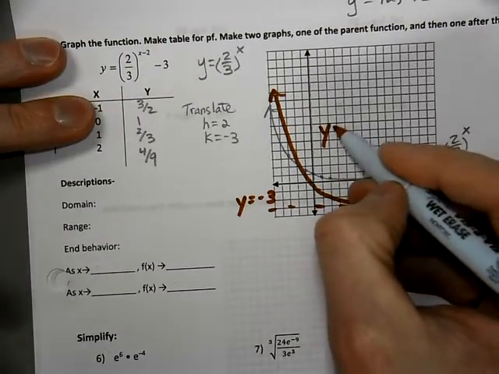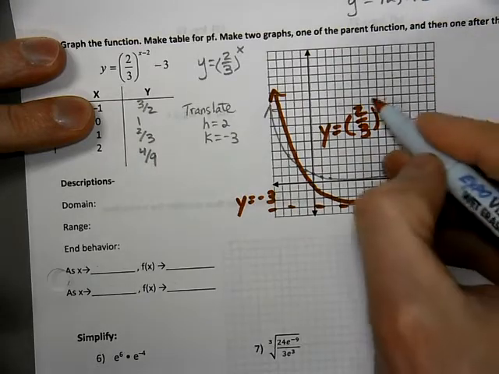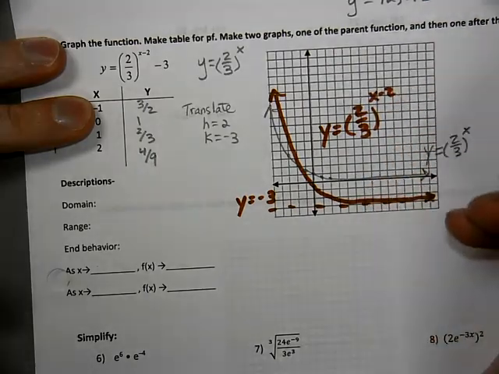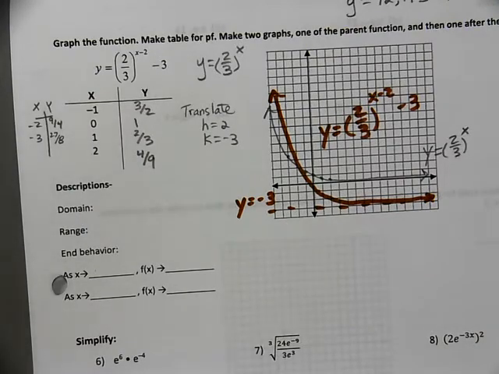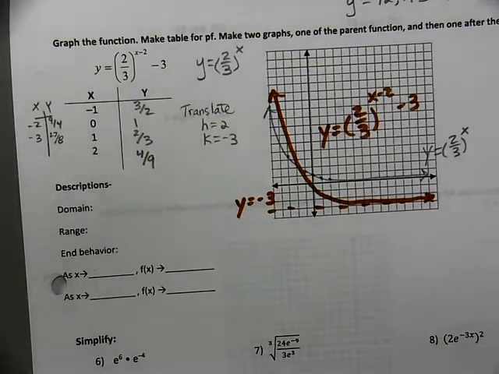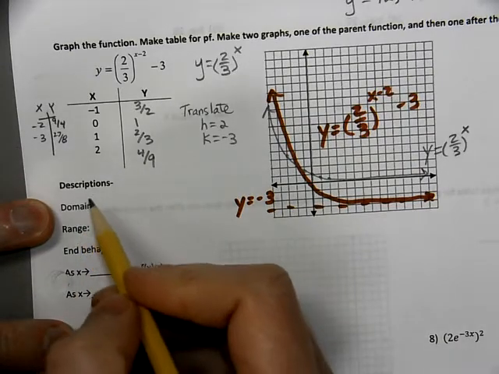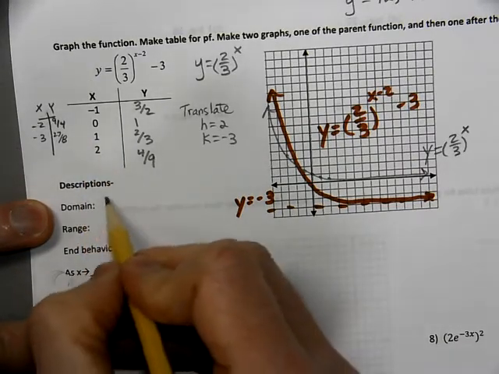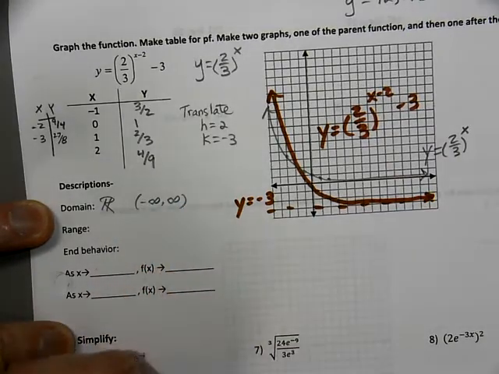This equation is y equals 2/3 to the power of x minus 2, minus 3. So the domain, what numbers could you possibly plug in there? That would be all real numbers, from -infinity to +infinity.